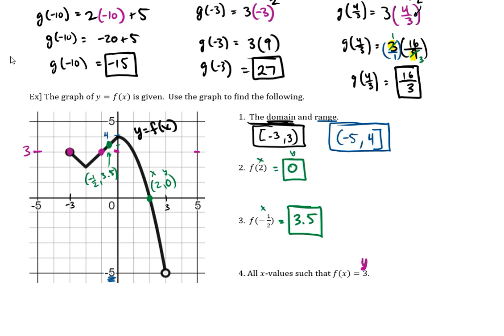There's one. It looks like I have another y equals 3 right here, and another right here. So I have the point negative 3, comma 3. This point is negative 1 and 3, and this point is positive 1 and 3.